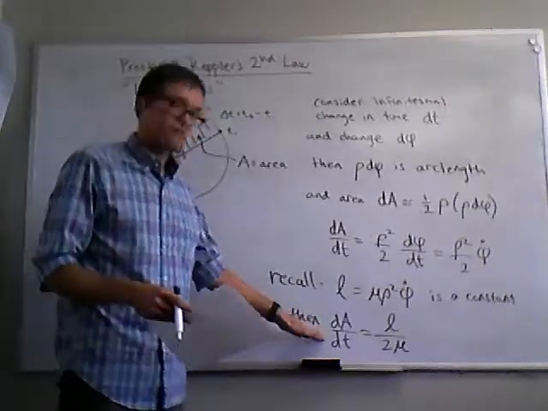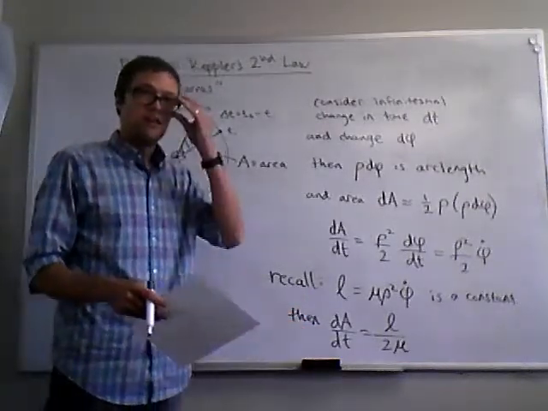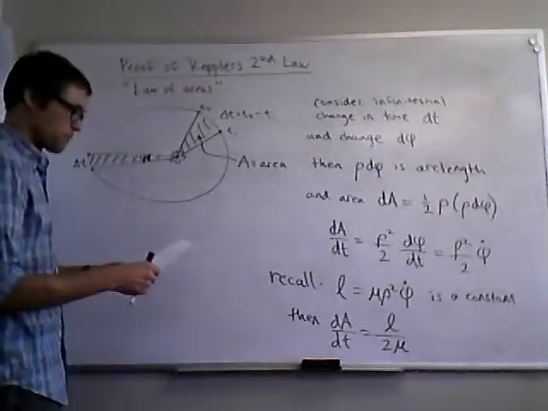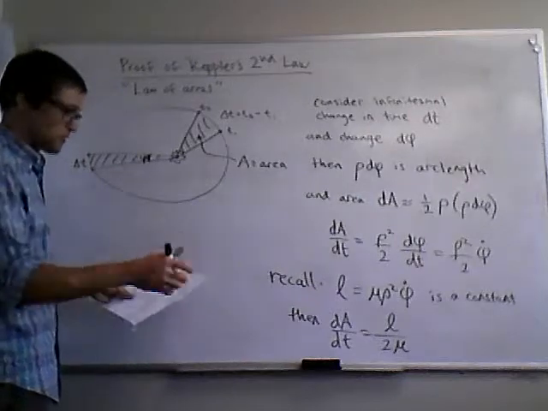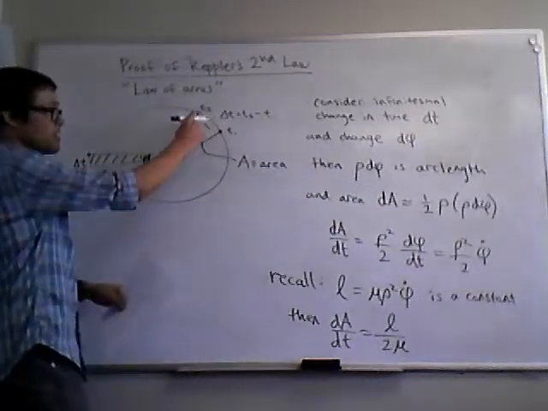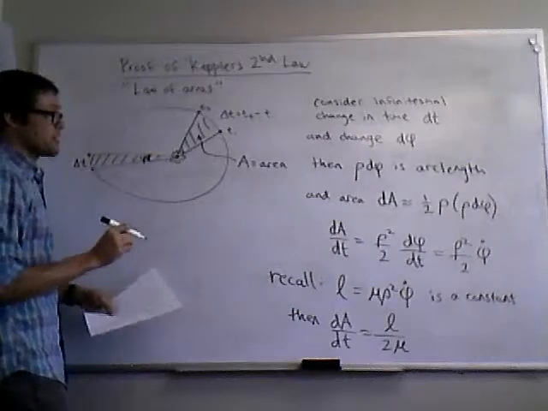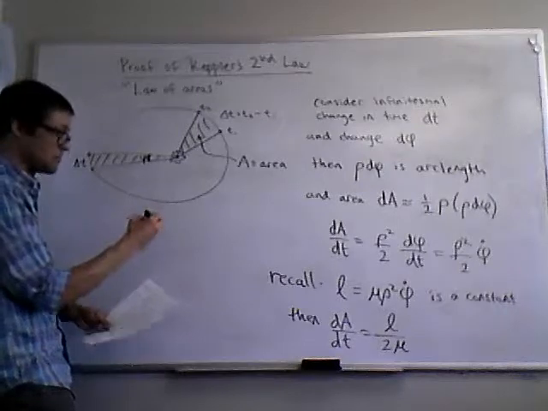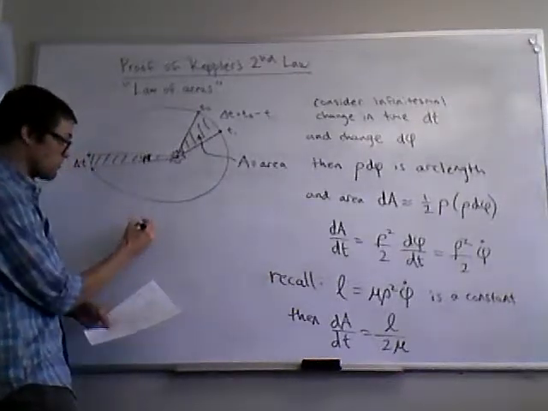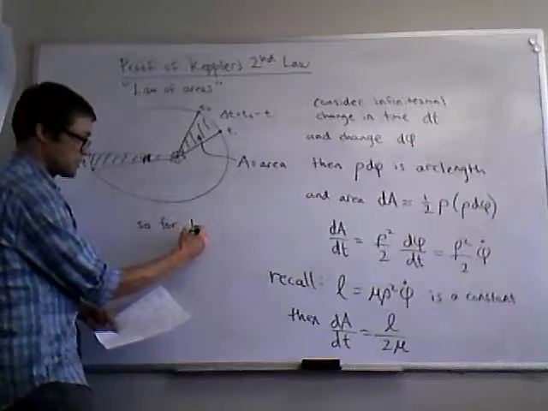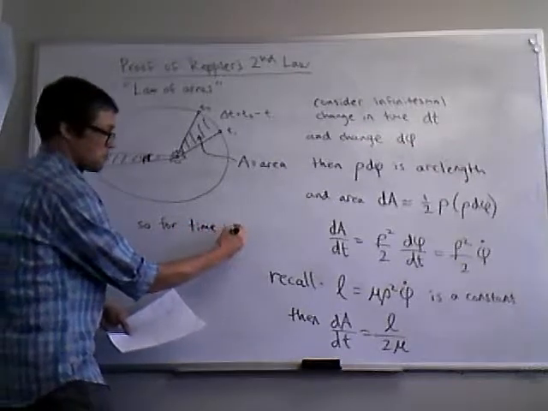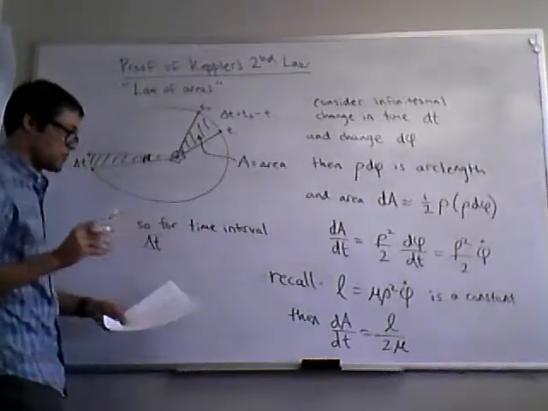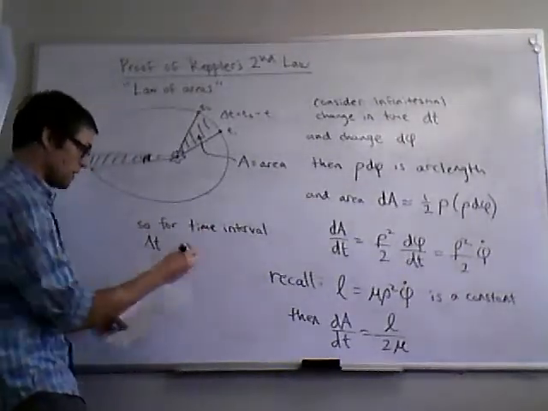So that rate of increase of area is a constant for an elliptical orbit like that of the Earth around the Sun. Just to be 100% clear, if you want to talk about these finite chunks of area in equal time, then if you're considering a time interval delta t, because this is a constant, you can do this, right? Now this is not an infinitesimal time interval, this is a big time interval.